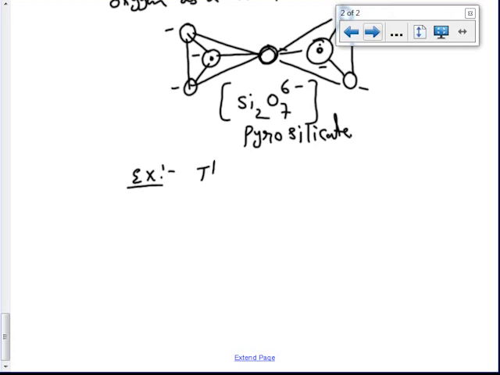Example number 1 is thortveitite: scandium silicate, scandium pyrosilicate, Sc2Si2O7. The second one is hemimorphite.